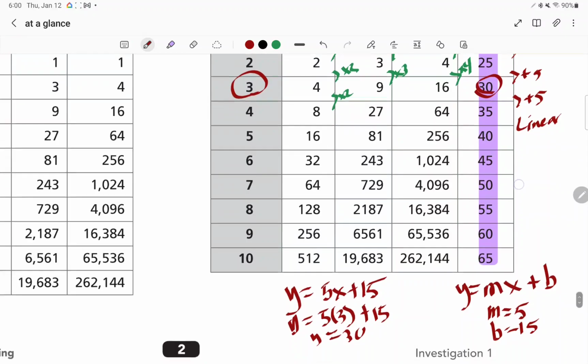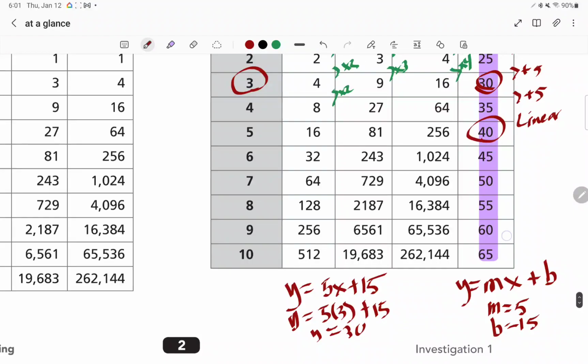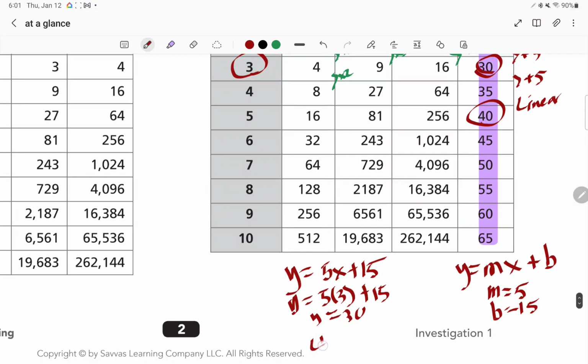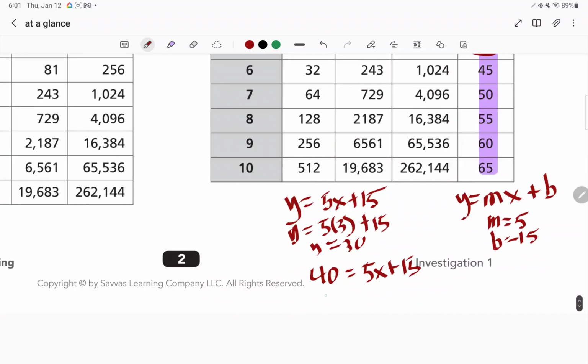Right, and you can even try another one. So let's plug 40 in for your dependent. So that would be 40 is equal to 5x plus 15. And when you go and solve for x, you would subtract 15. So it'd be 35 is equal to 5x. Divide by 5.